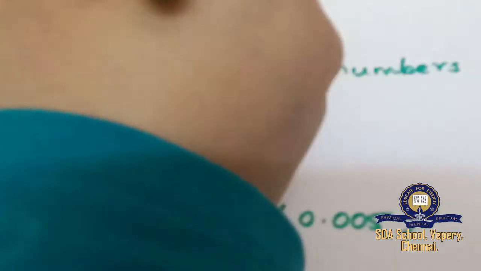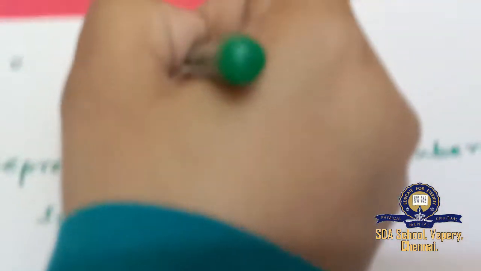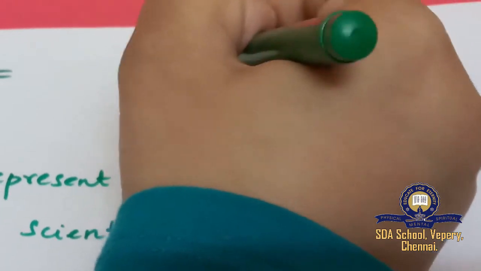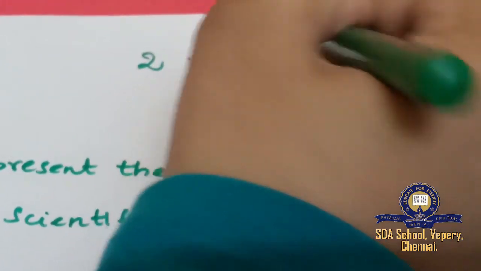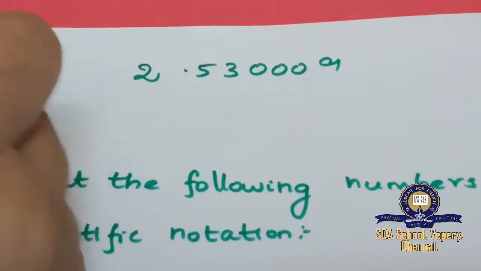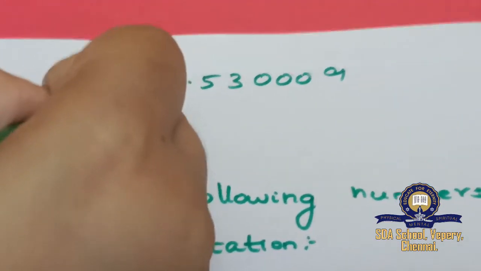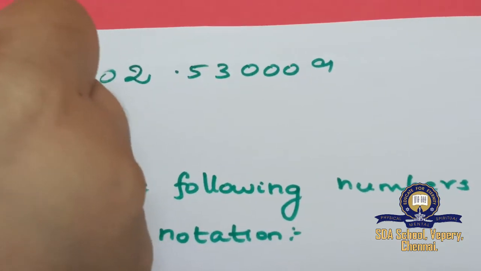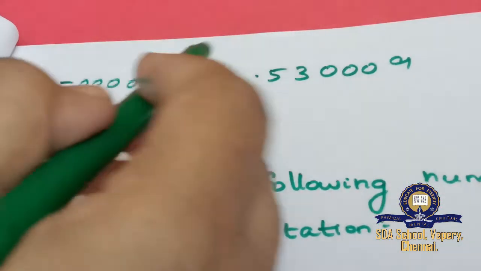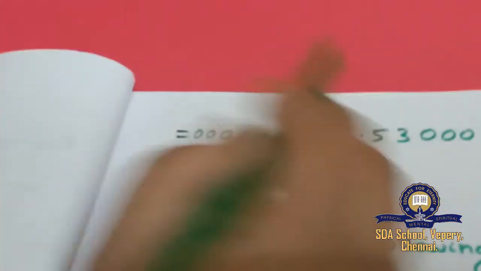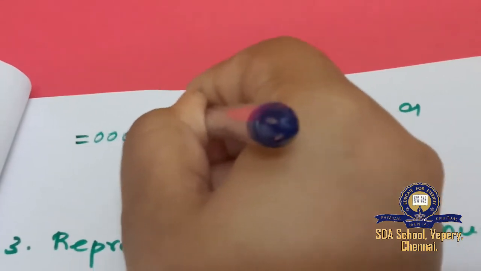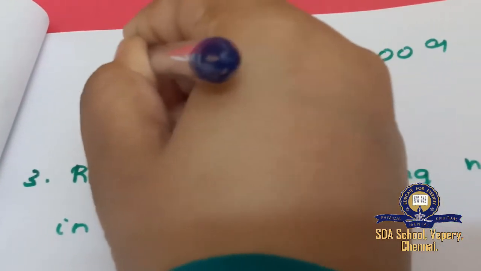What is my number? 2.530009. 7 zeros I have to add over here, right? 1 2 3 4 5 6 7, right? So the decimal point will shift these many places.